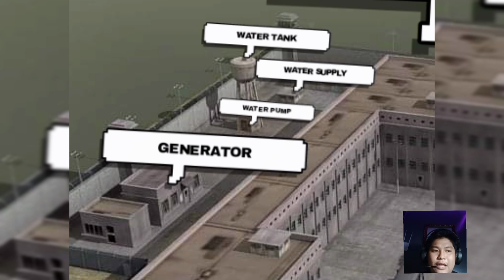The generator represents the mitochondria, or the powerhouse of the cell, because the generator provides electricity or power throughout the prison compound. So we can also call it the powerhouse of the prison cell. In other words, the mitochondria is the powerhouse of the cell.